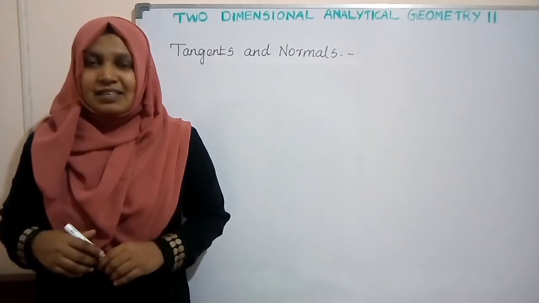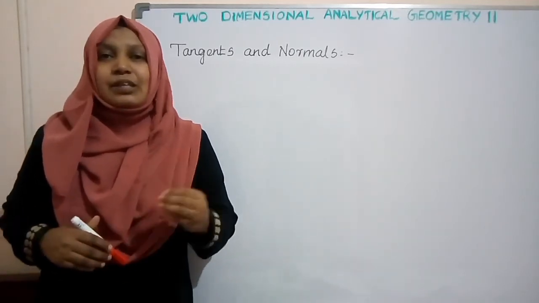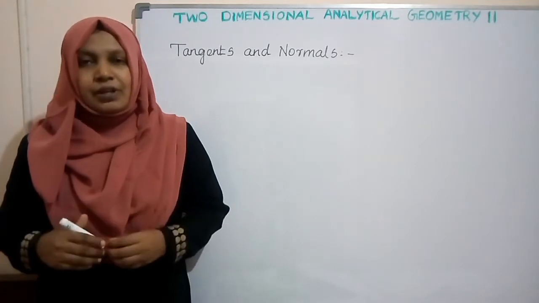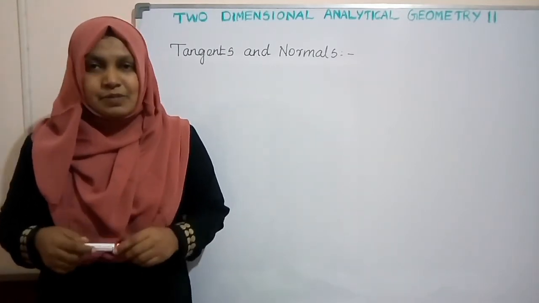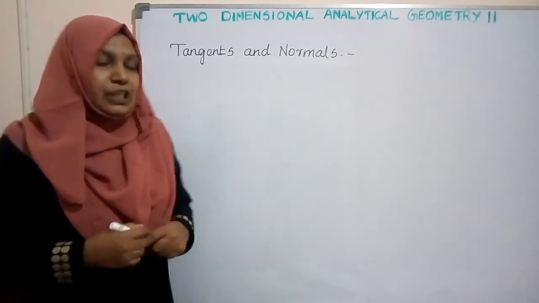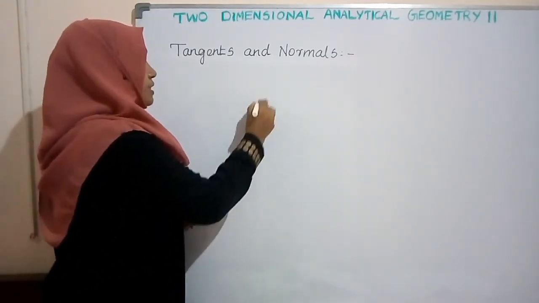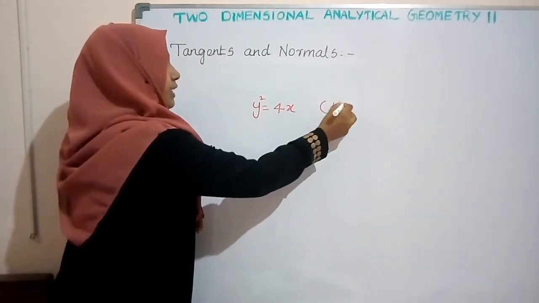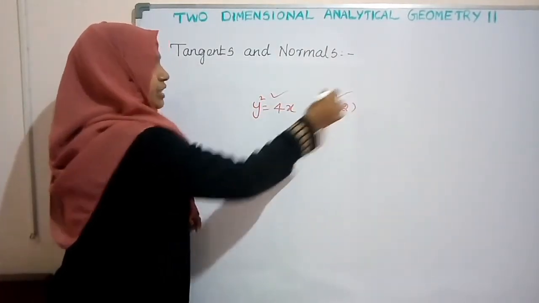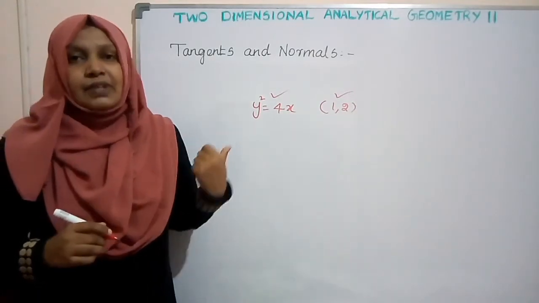Constant keep as it is. Like that we learned the equation of tangent. So for parabola, ellipse and hyperbola also you can do the same steps if they are given the equation of the curve, like y square is equal to 4x, and the point of contact. If they are given the equation and point of contact, we can apply this.